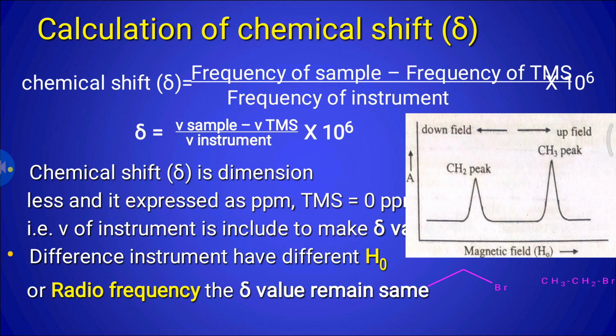Different instruments have different applied magnetic fields or radio frequencies, but the delta value remains the same. In this figure, we see downfield and upfield.